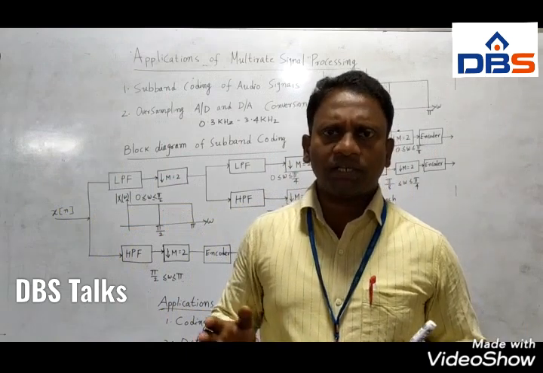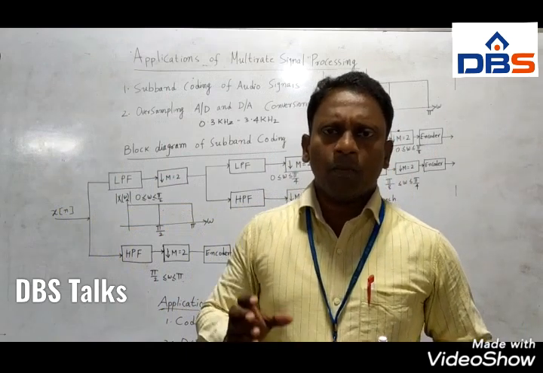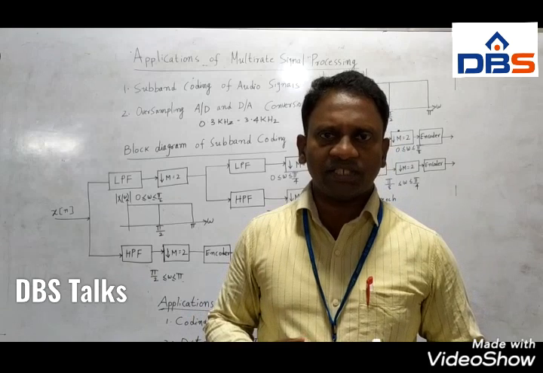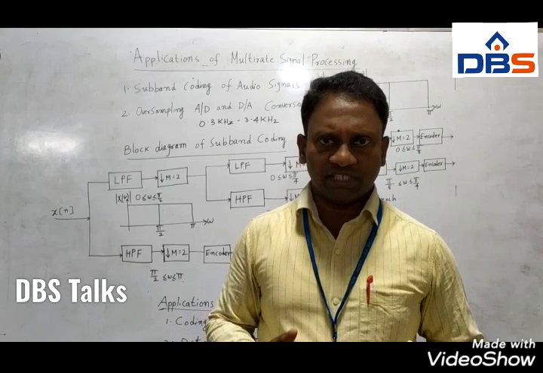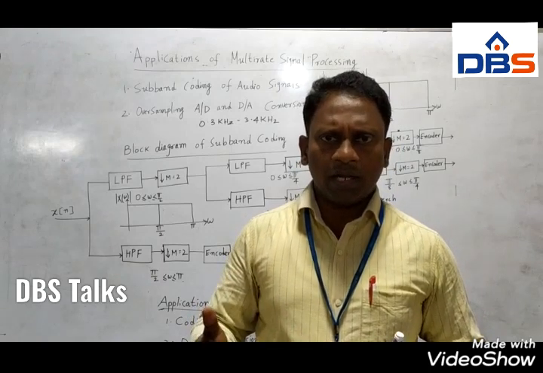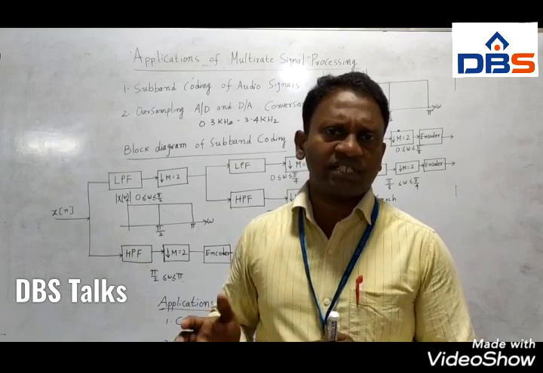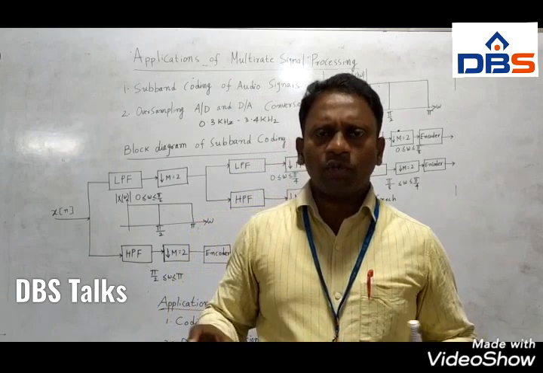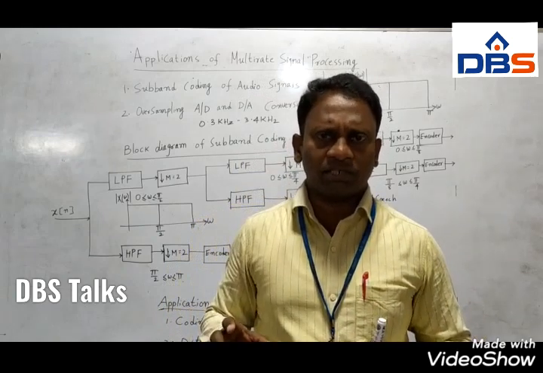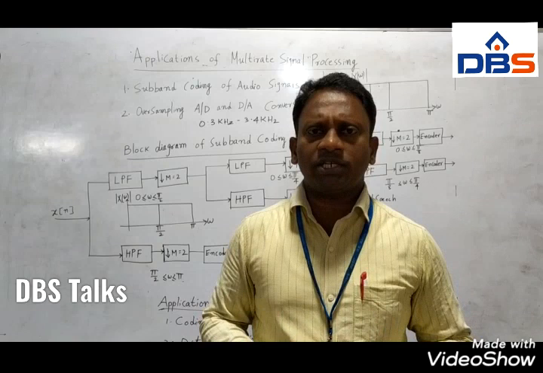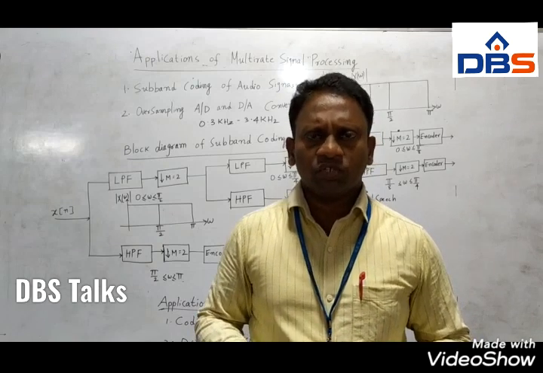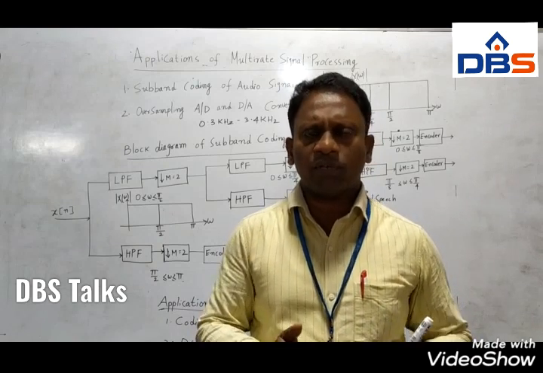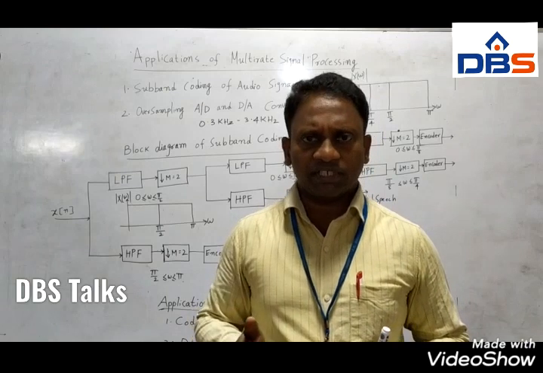So when you consider the frequency components and energy, most of the speech signal energy is concentrated at low frequencies, and less energy is concentrated at the high frequencies. So if you follow uniform coding or uniform quantization, you may not have good quality of the speech. That is why we have to code it separately at low frequencies and high frequencies.